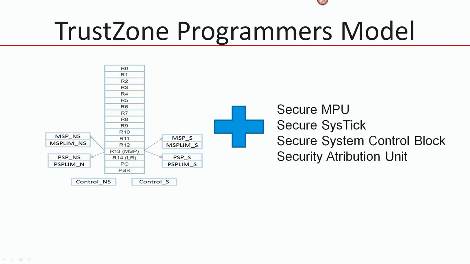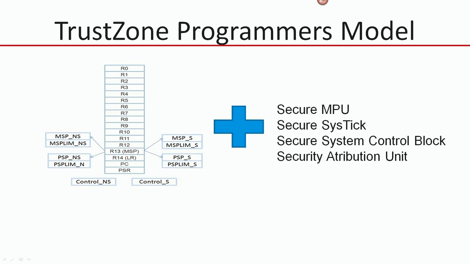There's also a non-secure and secure control register. So this allows us to set up the different operating modes and the stack configuration for both the secure and non-secure modes independently.